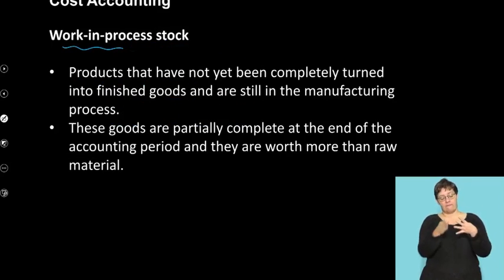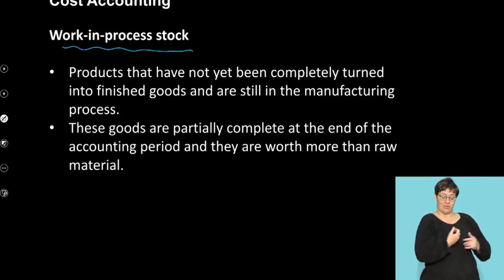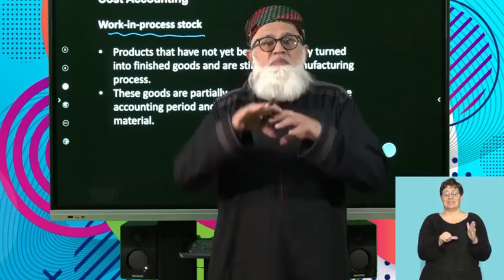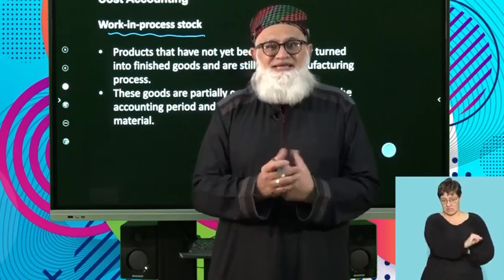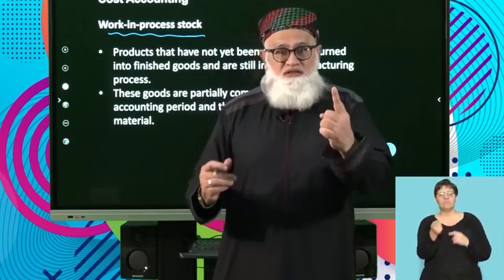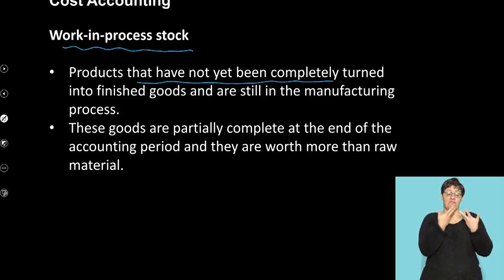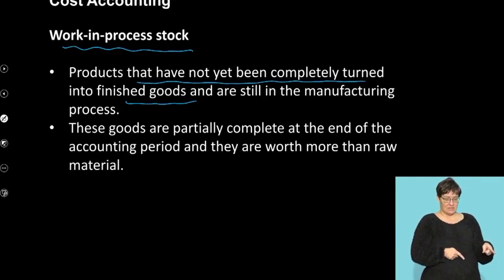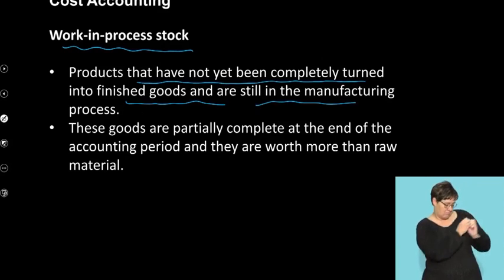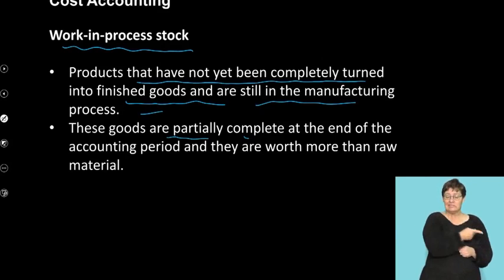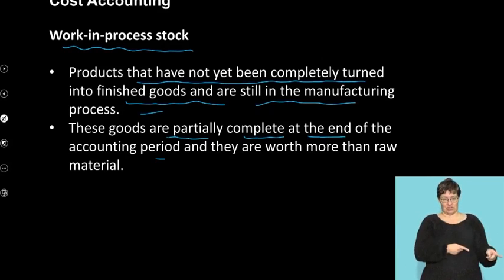Your work in process stock account. This, guys, is the most important. It's your manufacturing account. In other words, it deals with products that have not yet been completely turned into finished goods and are still in the manufacturing process. These goods are partially completed at the end of the accounting period and are worth more than your raw materials.